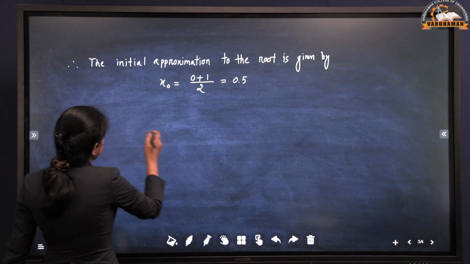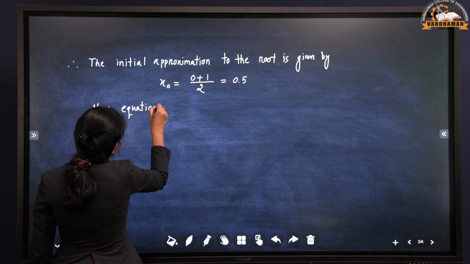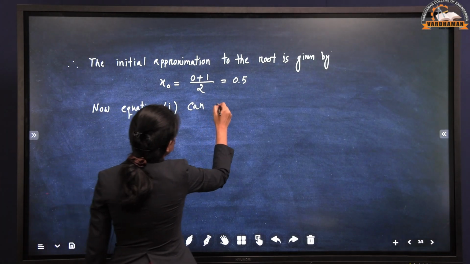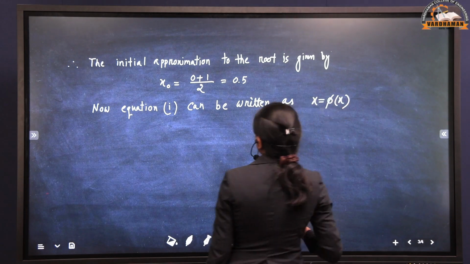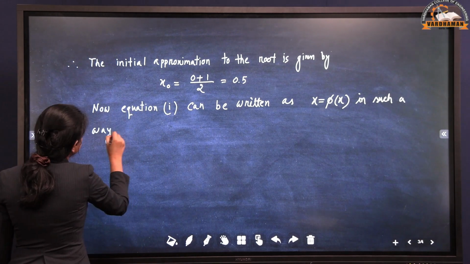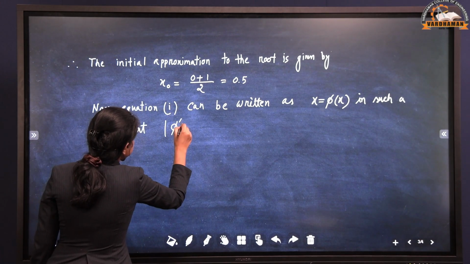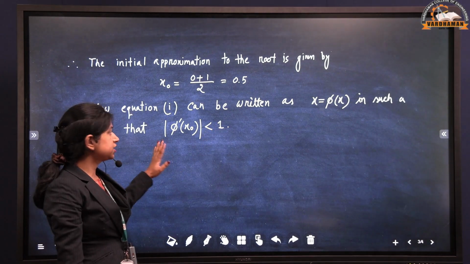Now equation 1 can be written in the form x equal to phi of x, in such a way that mod of phi dash x naught should be less than 1. It should satisfy this condition.